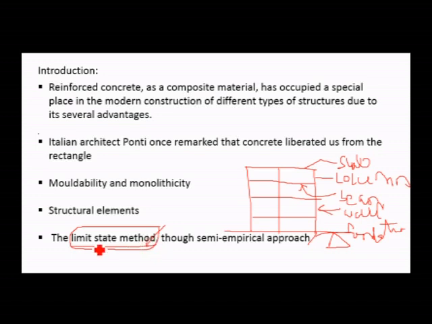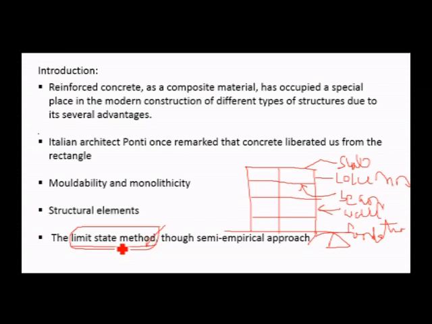However, the limit state method through a semi-empirical approach has been found to be the best for designing reinforced concrete structures, and we are going to study the limit state method, which is used in almost all structural design in civil engineering.